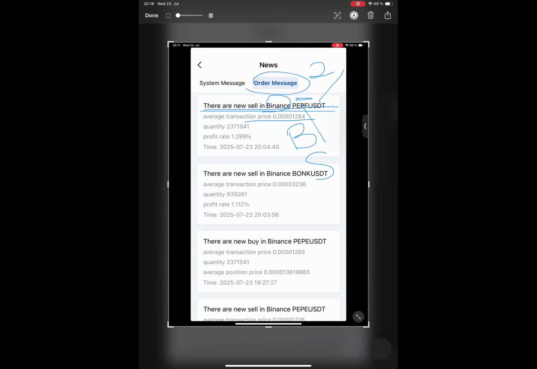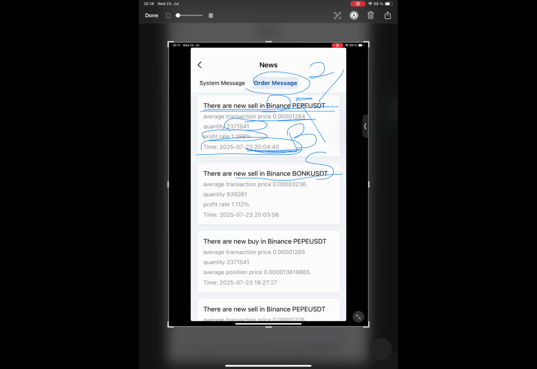The average transaction price is recorded. The quantity the robot sold for me is also recorded, plus the profit rate it gave me. It gave me a profit rate of 1.299%. It is beautifully there. Then the time and the date. So currently it's 8:18. It just sold like 14 minutes ago.